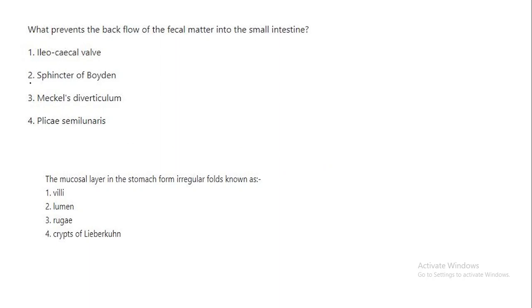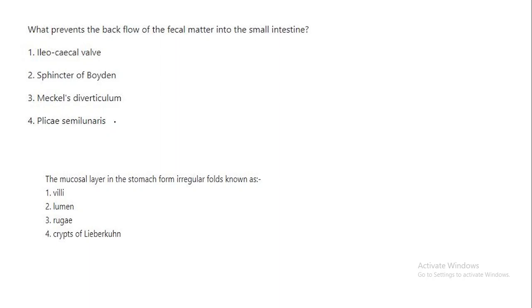Ileocecal valve, sphincter of Boyden, Meckel's diverticulum, and plicae semilunares. Okay, so have you heard of any term that I've explained with respect to the sphincter of Boyden, the Meckel's diverticulum, and plicae semilunares?